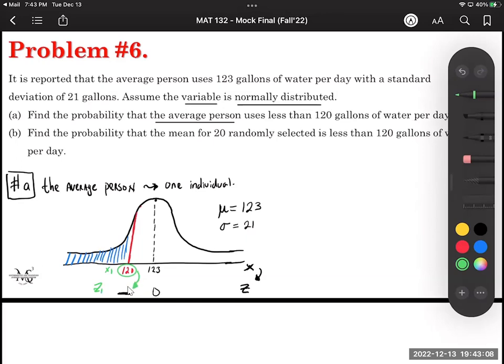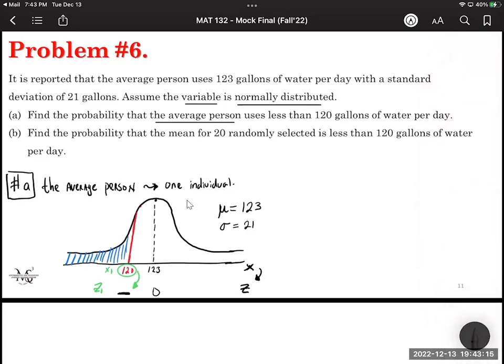Now, how can I standardize an individual value? Does anybody remember what formula is used to go from x to z? The z-score formula, that's right. So the z-score formula for part A states that z must be equal to what?